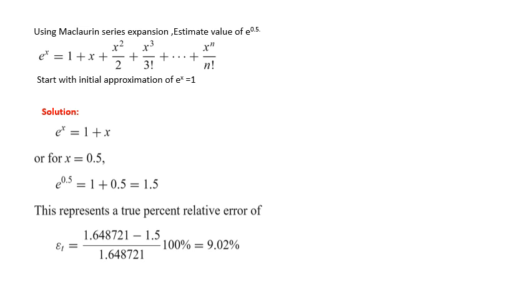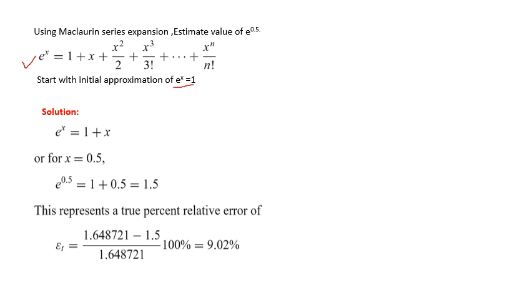So let us have an example of Maclaurin series. You know that Maclaurin series is given by this formula: e raised to x is equal to 1 plus x plus x square by 2 factorial plus x cube upon 3 factorial plus so on plus x raised to n upon n factorial. For a start, we can say that we'll have a value of e raised to x as 1.